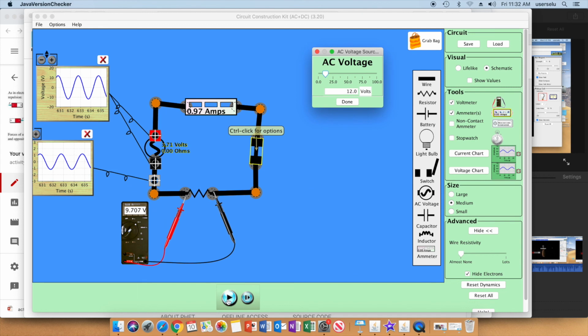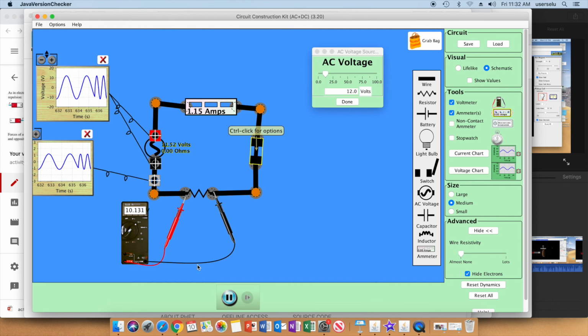Now when I hit play, let's look at what happens to the voltage and the current. Notice the voltage and the current have changed their pattern dramatically. The length of a complete cycle has gotten way smaller because now 1.5 times in a second a complete change of the voltage and change of the current has occurred.